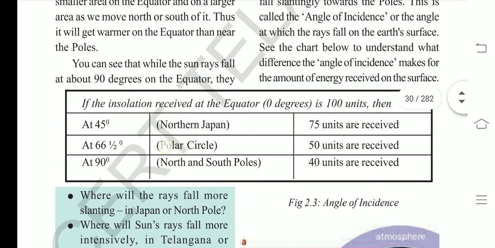So moving from the equator to the north pole and south pole, the insolation received on Earth's surface gradually decreases, right?